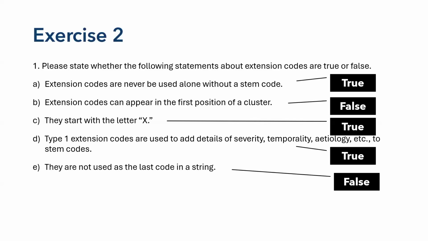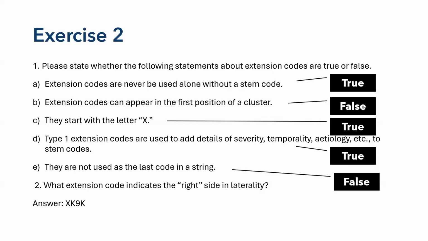Extension codes can be used as the last code in a string. They will never be used as a first condition or first code in a cluster, but in subsequent positions they can appear. This exercise has another part. What extension code indicates a right side in laterality? So right side is indicated by the extension code XK9K. XK9K.